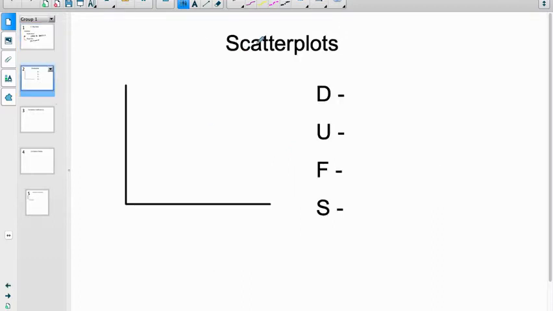So when you have a graph of these two variables, the explanatory is your x variable, and the y-axis is your response variable.